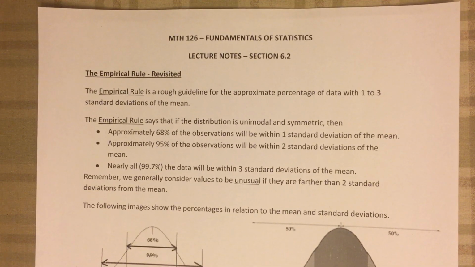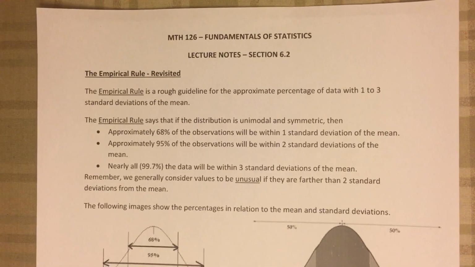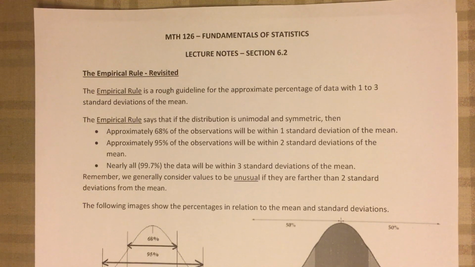All right, as I've already mentioned, we talked a lot about our empirical rule back in chapter 3 when we were talking about our mean and our standard deviation. This next thing has not changed at all. This is the same exact stuff we used back in chapter 3. Our empirical rule gives us information about 1 to 3 standard deviations away from the mean.